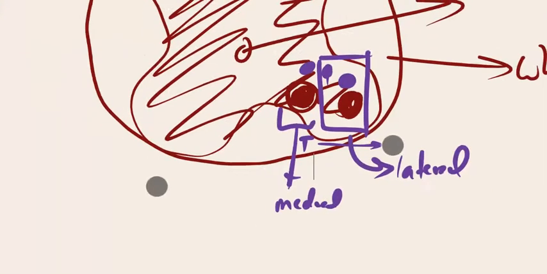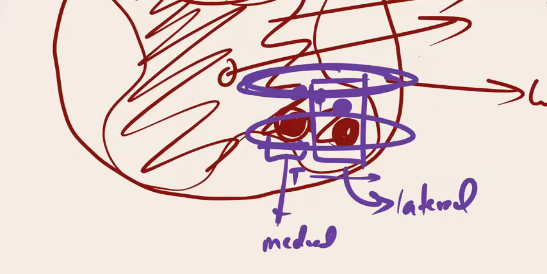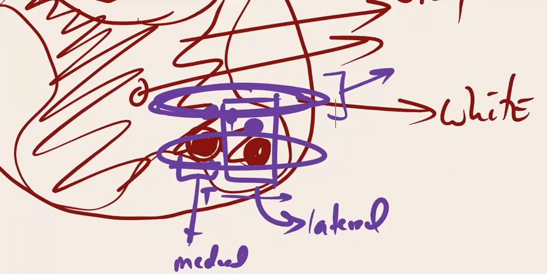And then let's say we were looking at over here compared to over here. So what kind of muscles will the motor neurons around here be innervating as opposed to the ones over here?